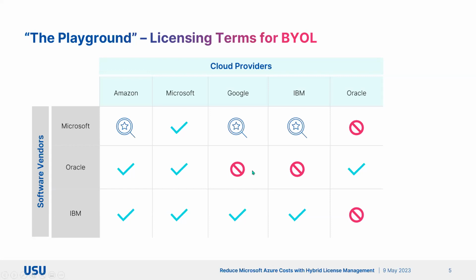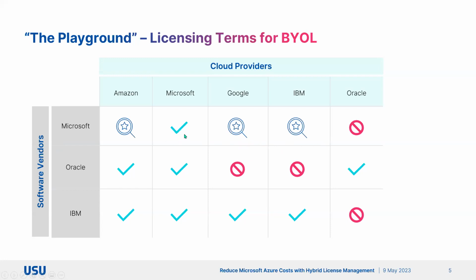and so the super bird's eye view just shows some of the combinations here. For Microsoft in Microsoft Cloud, of course, this is the topic for today as we talk about hybrid benefit. But using Microsoft Windows Server licenses, for example, in other clouds, at least until recently, was quite difficult.